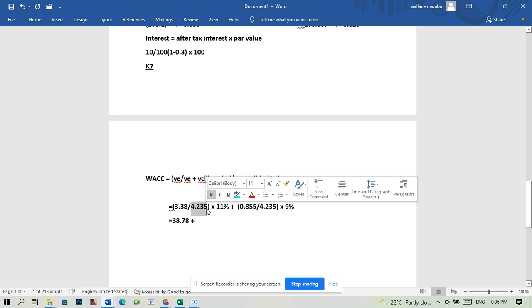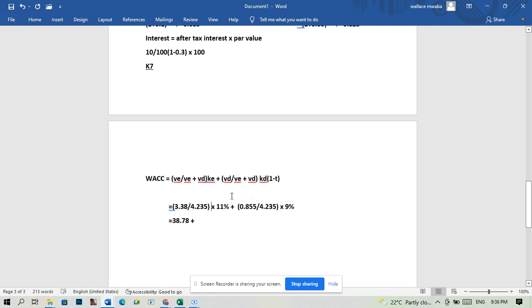What about the second one, which is VD divided by VE plus VD? Here, when we are factoring in, we have forgotten the plus. It just times. Where is he saying I never put a plus?